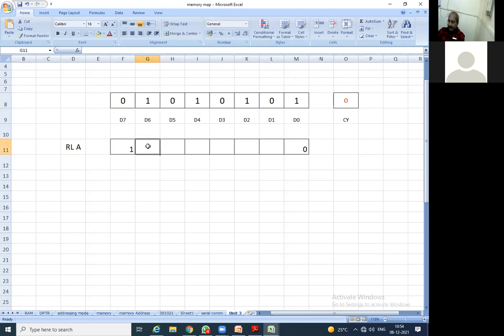D5 comes to D6, D4 goes to D5. Then D3 goes over here, D2 goes over here, D1 goes over here. This D0 goes here. And this will be the data after this instruction, that is RL A. Here, carry is not considered. Whether it is 1 or 0, no matter.